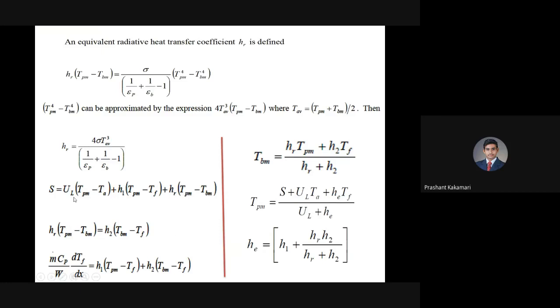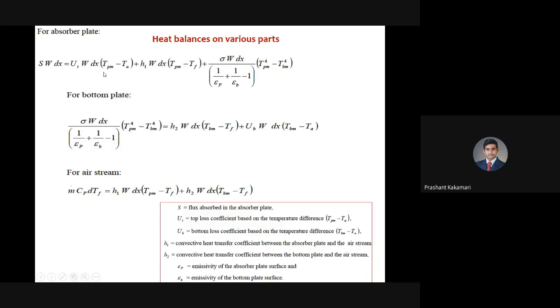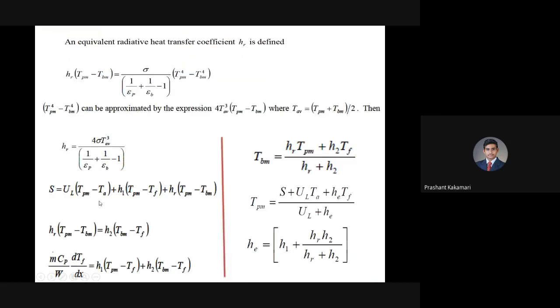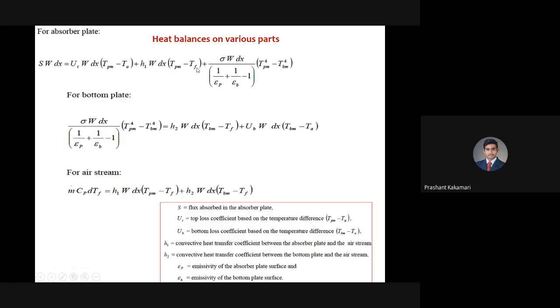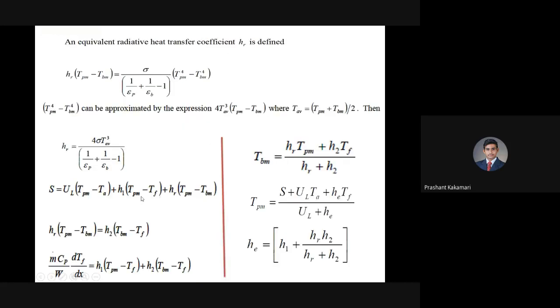Now I can write S equal to UT into TPM minus TA, same equation, plus H1 into TPM minus TF, plus HR, where we replace this big term with HR, the equivalent radiation heat transfer coefficient, you can recall, then TPM raised to 1 minus TBM raised to 1. That is written. Okay, so from this equation, we can find out what is TBM.